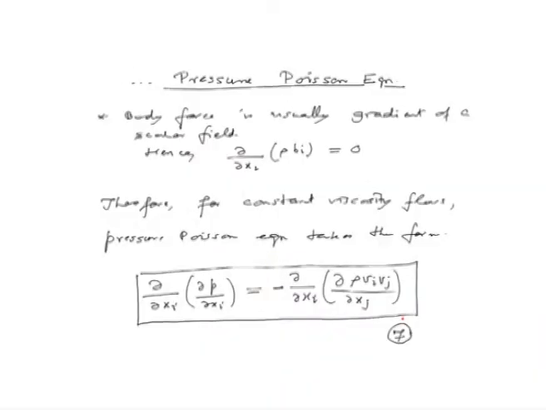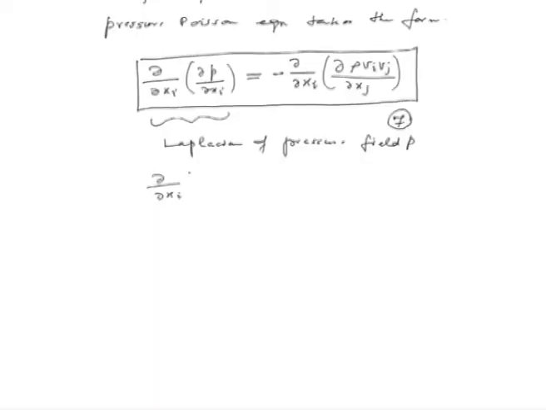Remember, in our derivation we started off with the momentum equation. So, this inner derivative of p is in our Laplacian operator. This is the Laplacian of the pressure field p. The Laplacian we can write as del by del xi, that is the outer one, and then the inner one, del over del xi of p.